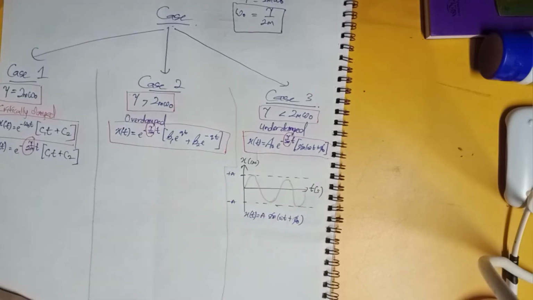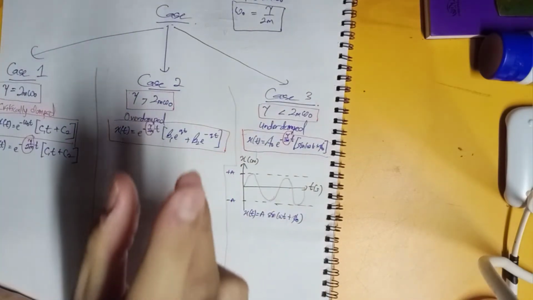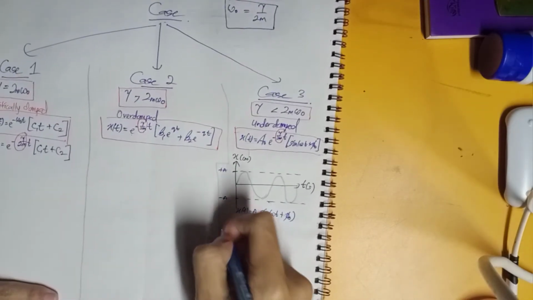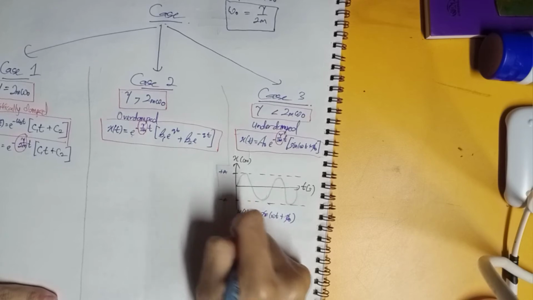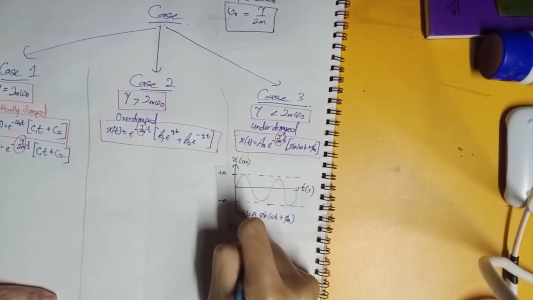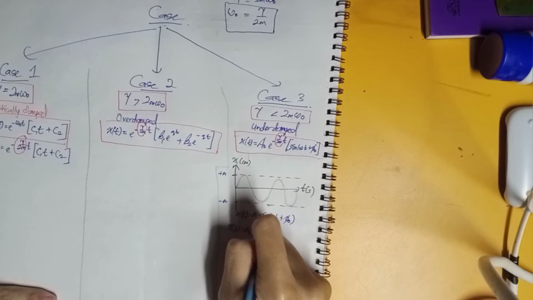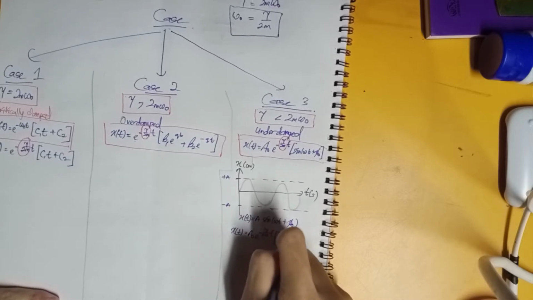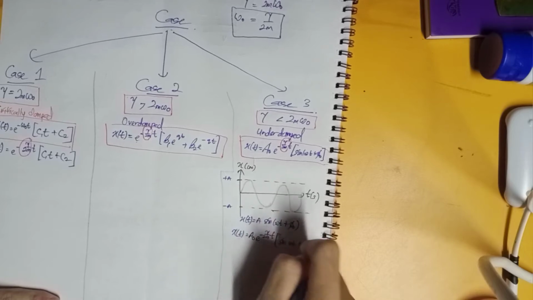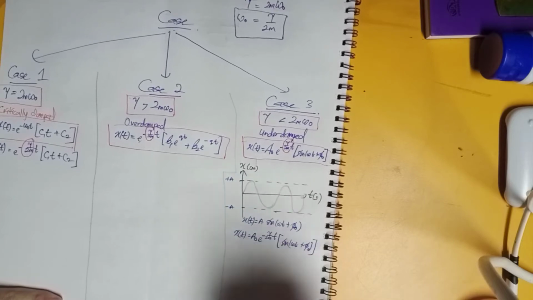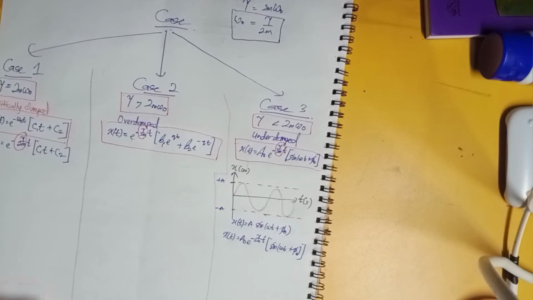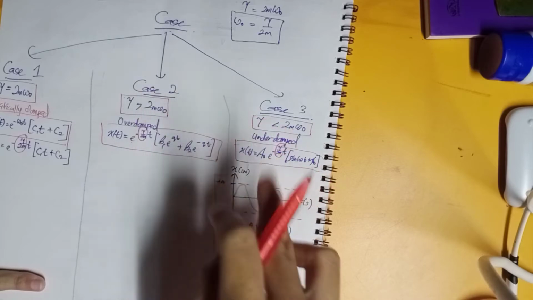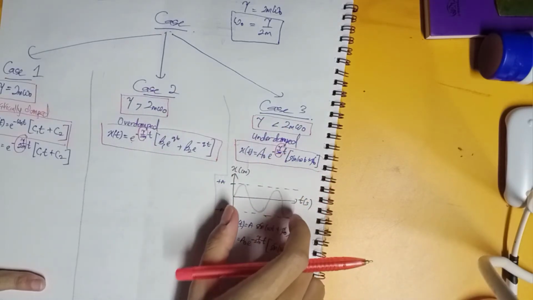Now let's compare with the equation of the underdamped case. x(t) is equal to a₀ exponential of negative γ over 2m times t, times sine(ωt plus φ₀). In this graph, like I said, this is the graph for simple harmonic motion.